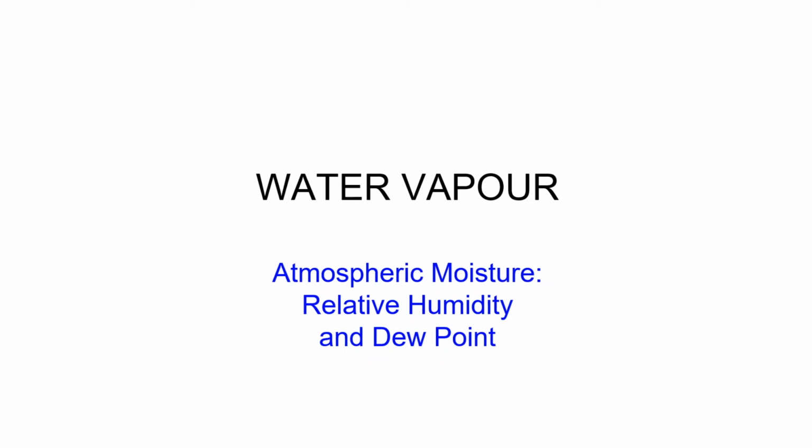So now I'm going to cover water vapor. Why do we need to study water vapor? Because this water vapor supplies the water required for rainfall. So we need to know.